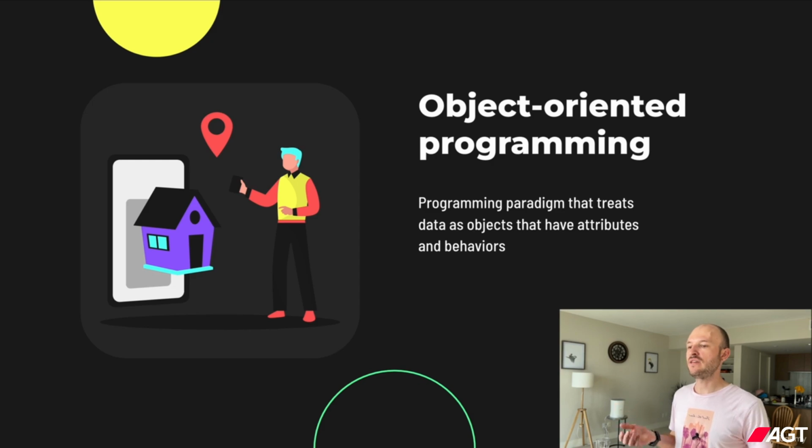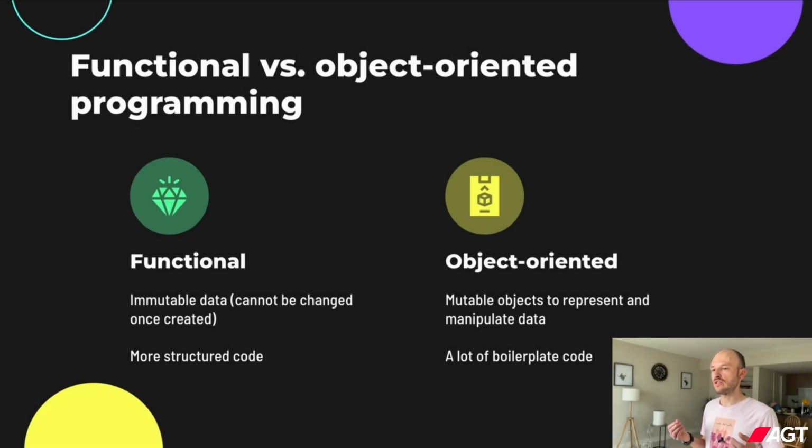Now let's compare the two approaches in more detail. One key difference between functional programming and object-oriented programming is the way they represent and manipulate data. In functional programming, data is often represented as immutable values, meaning it cannot be changed once it has been created.